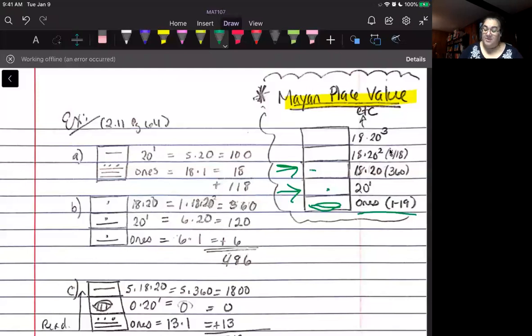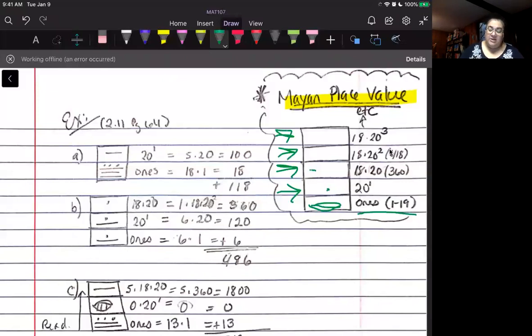And then if you move up to the next level, it would be 18 times 20 squared, so this would be 18 times 20 squared times whatever you put in it. And in this top square here, they had 18 times 20 cubed, and so on and so on, building up. I just went this far because the numbers that we're going to deal with for the purposes of this lesson are never going to go beyond this.